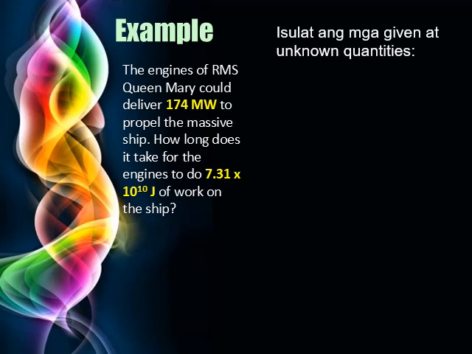Again, just like in solving any other problem, we first write the given and unknown quantities. You have the power, which is 174 megawatts. You have the work, which is 7.31 times 10 to the 10th joules. We're looking for the time, because the question is how long does it take?